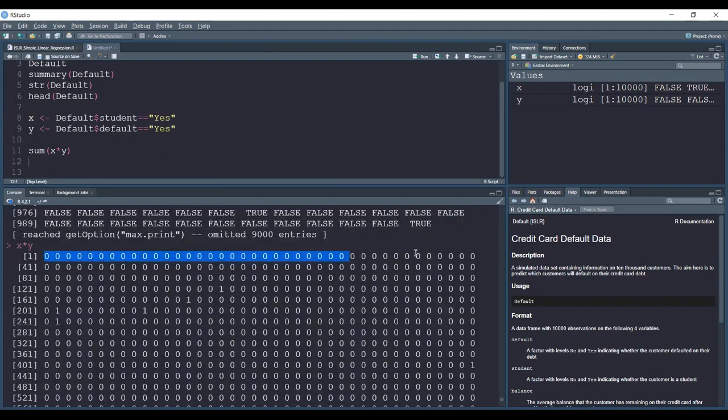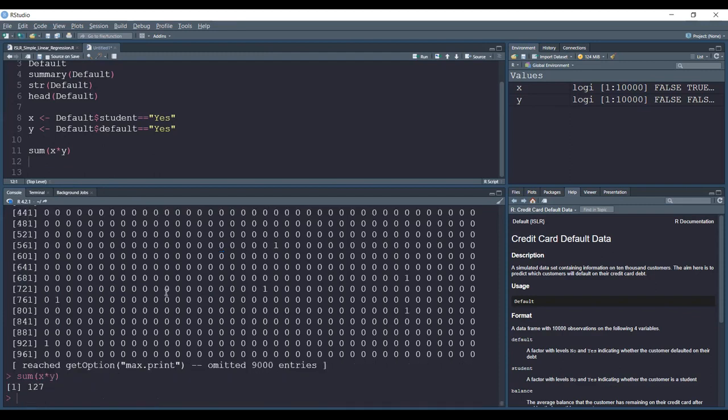So for example, our first student who defaulted is this one over here, around maybe the 130th observation. Again, it's a very long way of doing it. It definitely works, but there's no way you would actually want to implement any code in such a manner.